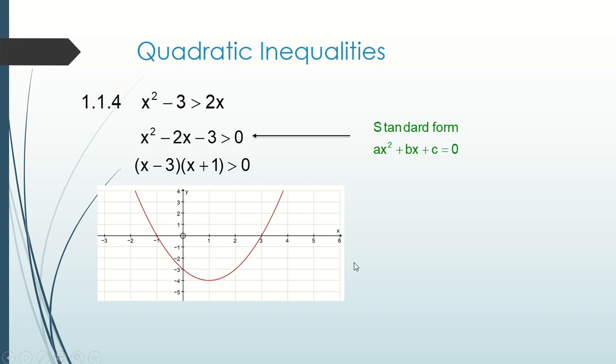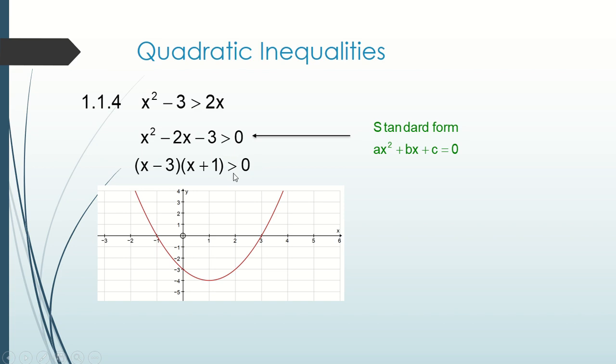Now the way that I always advise students to look at this is to say that your x-axis is your ground level, which means that this section of the graph is underground and this section is above the ground.